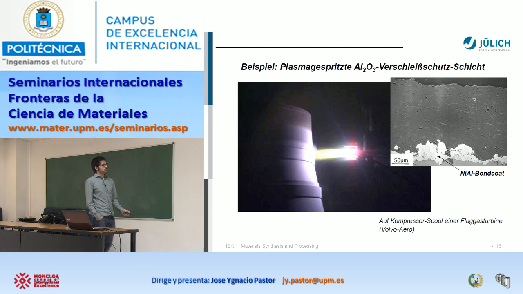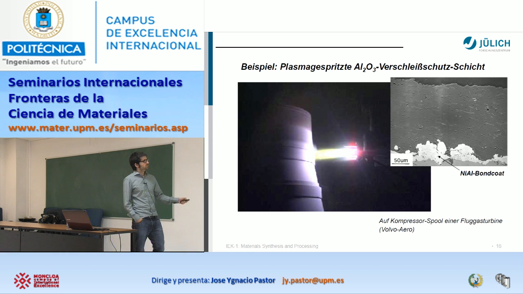Okay, also an important company. Well, in that case for turbine, but also for the automotive. And here, one example of the cross section. In that case they need low porosity, and the bond coat, that is this white part that you see, is not really homogeneous, but at least it is continuous.